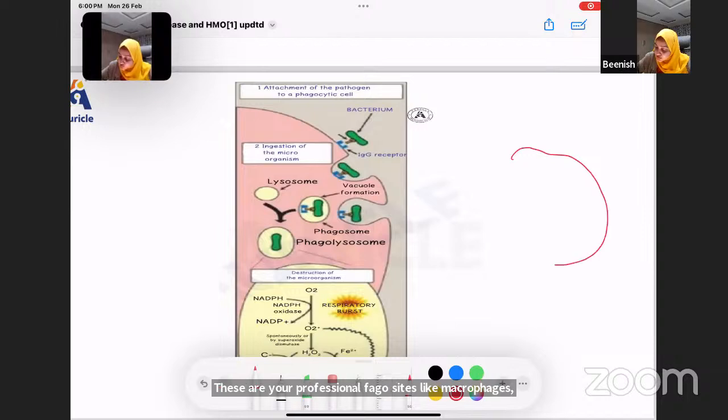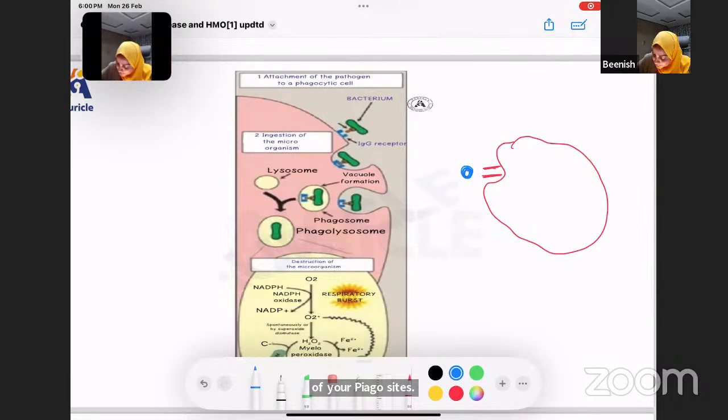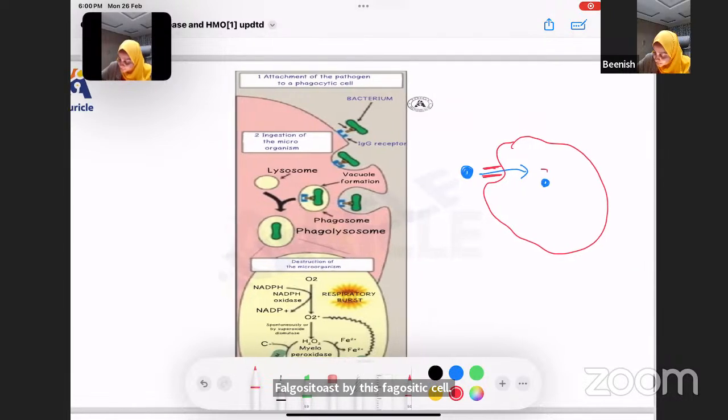So these phagocytic cells, for example, this is one of your phagocytes. They have receptors, and this is some bacteria. Okay. So this bacteria is engulfed, phagocytosed by this phagocytic cell. It enters here inside and it forms what is known as phagosome.